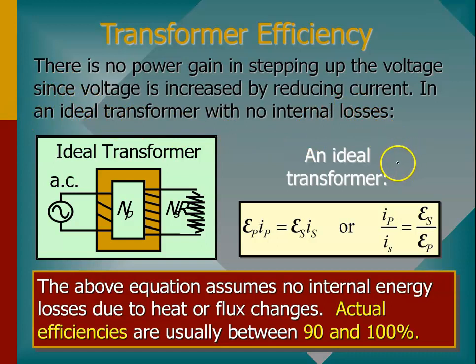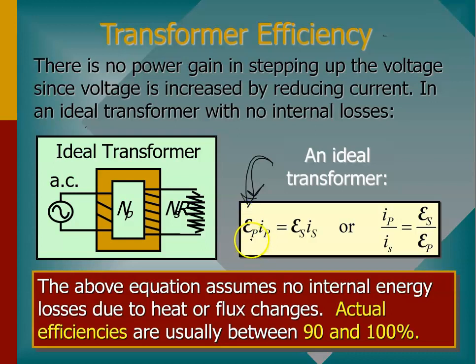It is stated that an ideal transformer can be written like this. Okay, there is no power gain in stepping up the voltage, since voltage is increased by reducing current, so the ideal transformer has no internal losses. This means that the efficiency of the transformer is almost 90% or 100%. So an ideal transformer is said to reach this point.